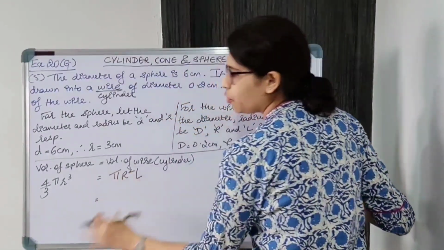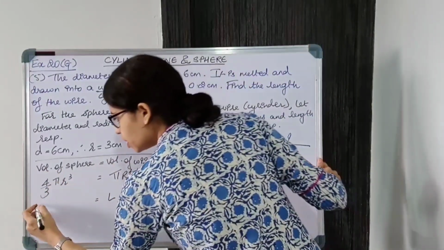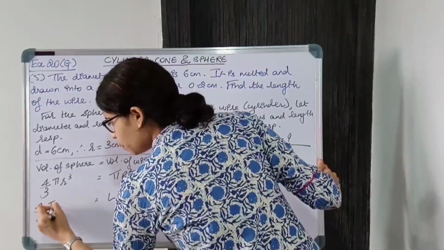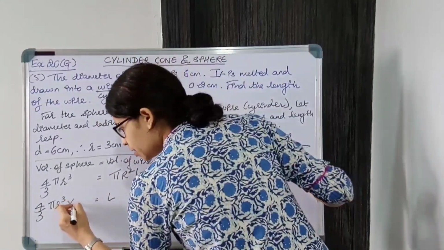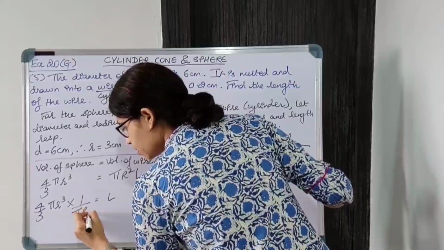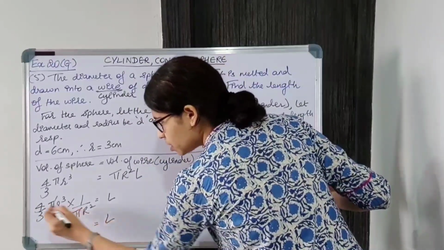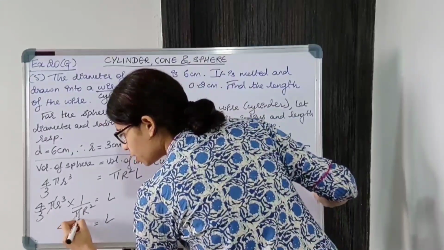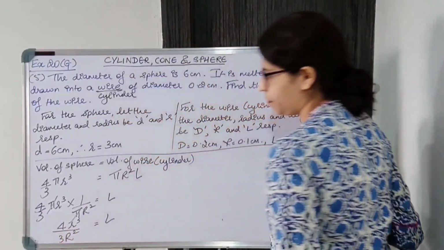L फाइंड करना है, रेस्ट ऑल वी नो, so we'll keep L on one side and we'll shift everything on the other side. 4/3 pi r cube, pi r square will go in the denominator. ठीक है, pi will get cancelled, so what we are left with is 4r cube upon 3r square.